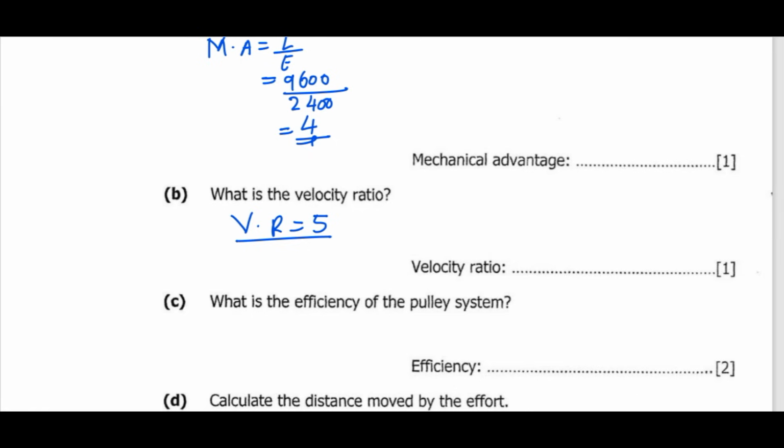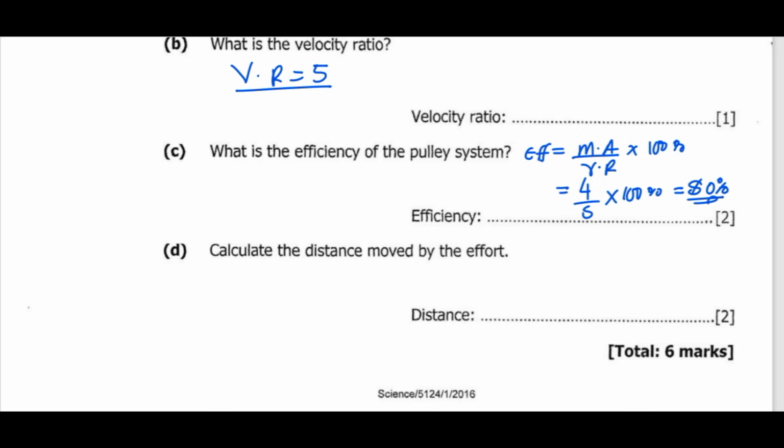So efficiency is equal to mechanical advantage over velocity ratio times 100%. So mechanical advantage is 4 over 5 times 100. So 5 into 100, that's 20, times 4. So our efficiency is 80%.